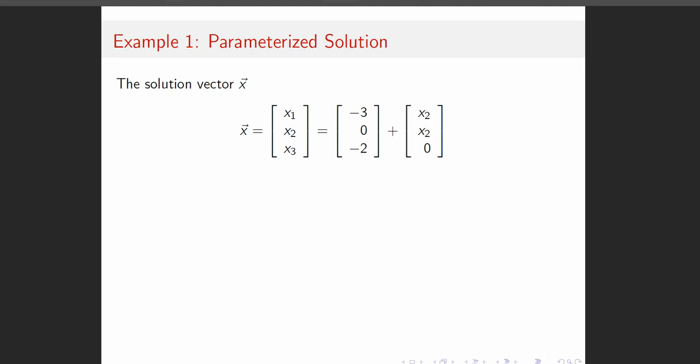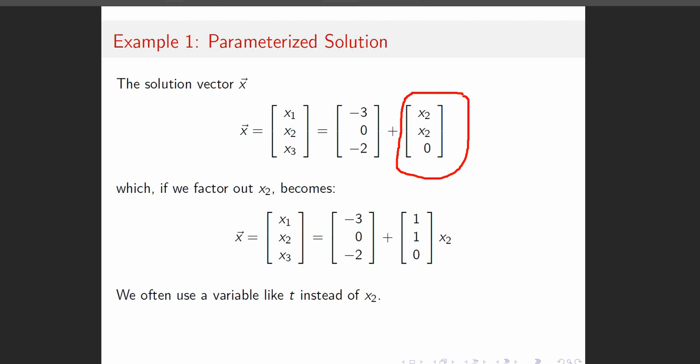What we usually do with this final vector is factor out the x sub 2. It's just a real number, so we factor that out. I'll show you in a minute, we often use a variable like t, sometimes v, sometimes r, s, and t if we have several of them. Why do we use those?